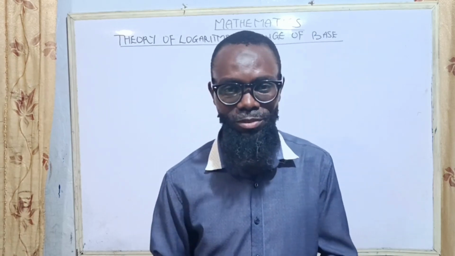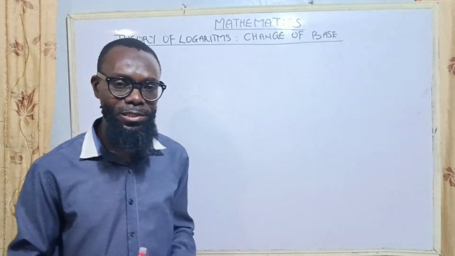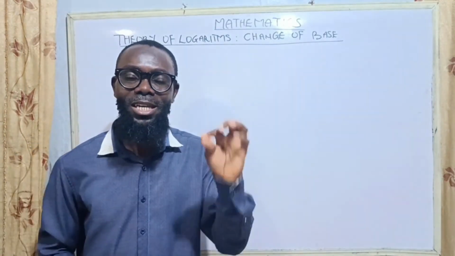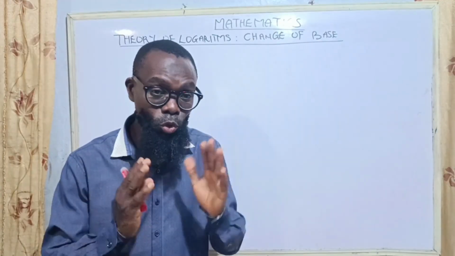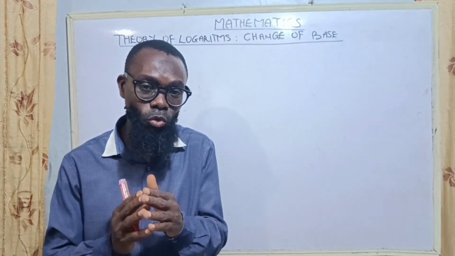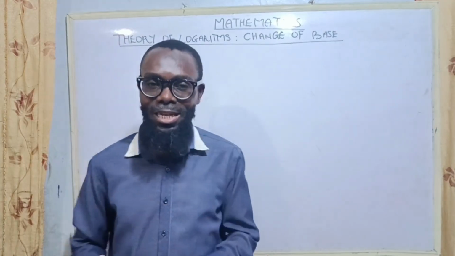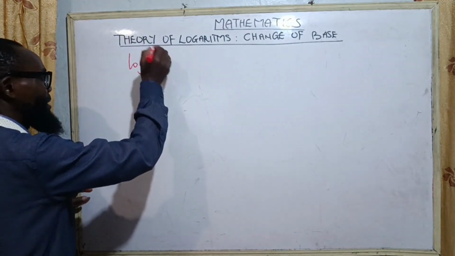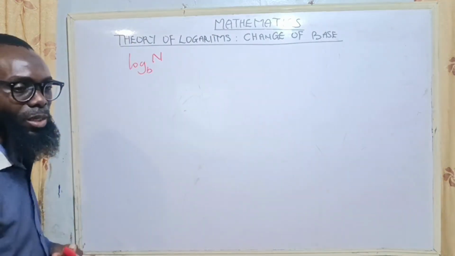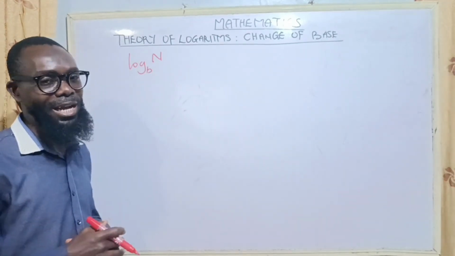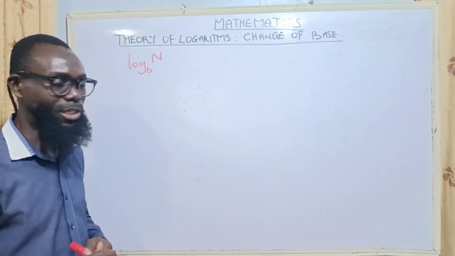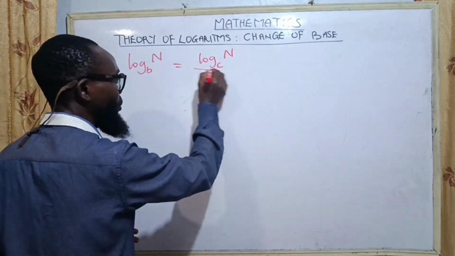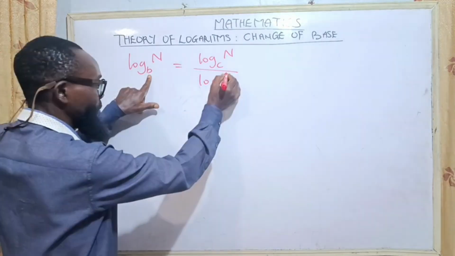So, let's move on. As I said, change of base could be done in two ways. The first method is introducing a neutral base for the two logarithms. Let's say, for instance, we have log n base b. I can introduce a neutral base in this, so it becomes log n base c over log b base c.